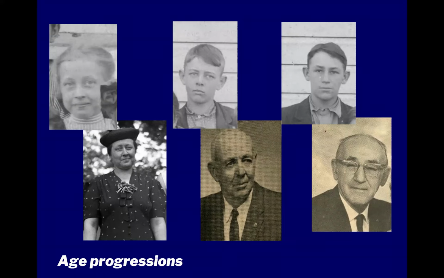Same thing with Clinton King again. The barn doors are open, the car doors are open. His ears are very identifiable from photo to photo. Elmer, he's got what I call a caret in his eyebrow. You see how his eyebrow goes up and makes a little caret, like on your keyboard. Had that in all of his photos, all of his life. I can pick him out because his left eyebrow goes up higher than the other eyebrow in any photo.